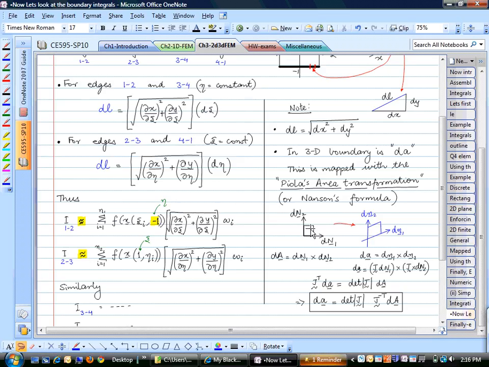I'm placing this point on the surface somewhere. This vector is the actual direction of the area vector. Area is actually a vector. So that area vector is calculated by n1 cross n2. If you take n1 cross n2, you will get the outward normal. That is the area vector in 3 dimensions.